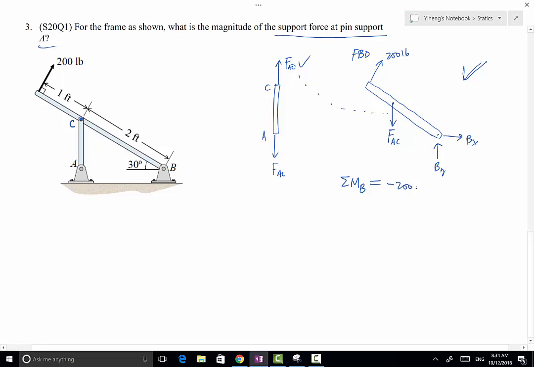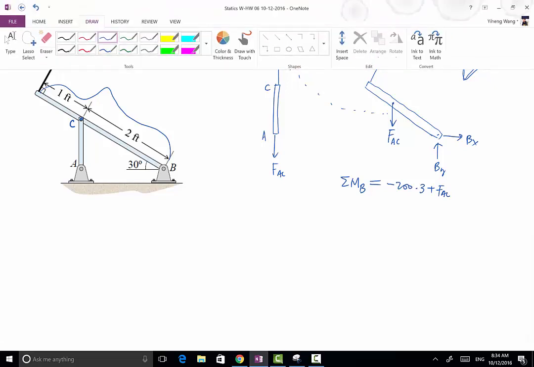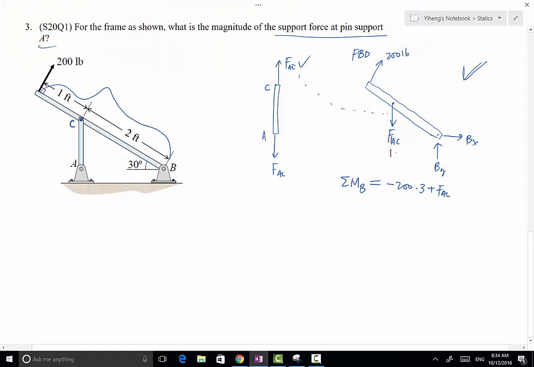The moment arm for the 200-pound force is 3 feet. And then we have FAC creating counterclockwise moment about point B. The moment arm is this much.